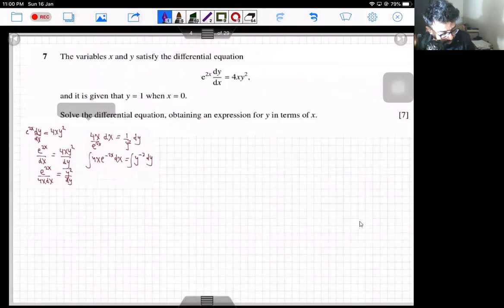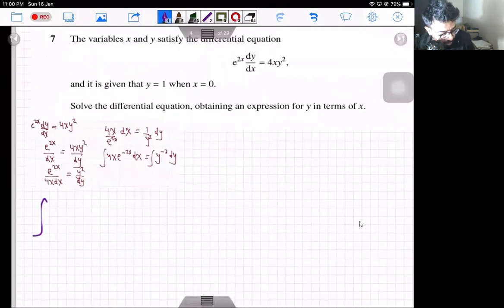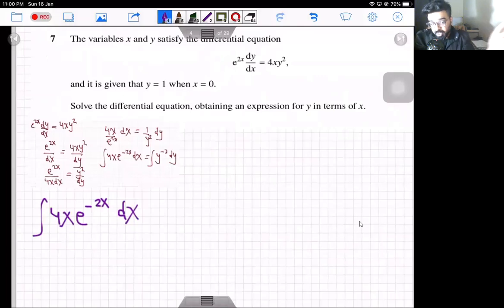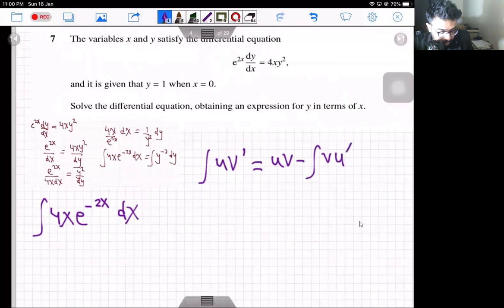So just focus on the integration of 4x multiplied by e raised to the power minus 2x with respect to x. Whenever you are doing integration by parts, the integrand is given to you in the form of u multiplied by v dash, and when you integrate this you will get uv minus the integration of vu dash with respect to x. This formula is given to you in the formula sheet as well.